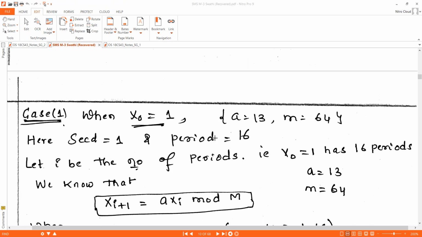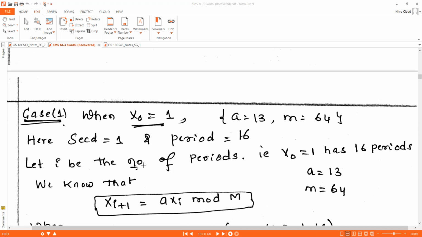Now we'll assume that x naught equal to 1. In the first case we are considering x naught equal to 1, that is period 1, and the question gives the a value and m value: a equal to 13, m equal to 64. Here the seed is 1, that is x naught equal to 1, and they have given the period as 16.